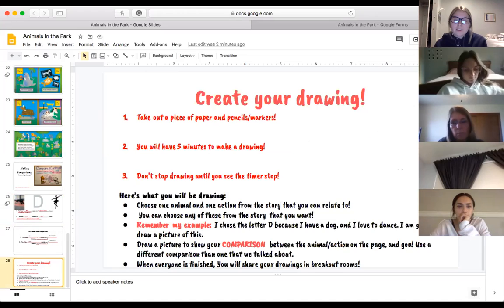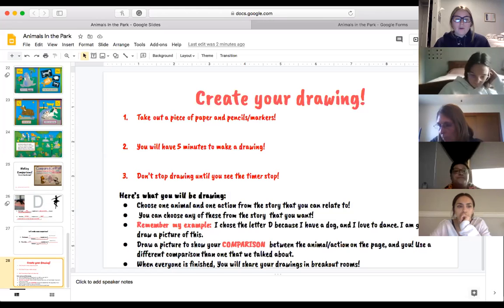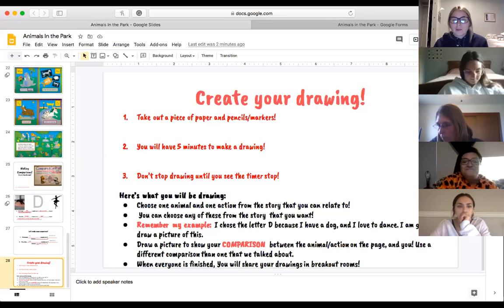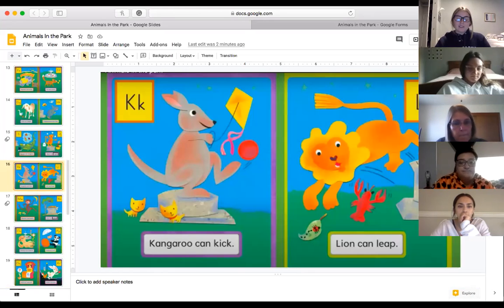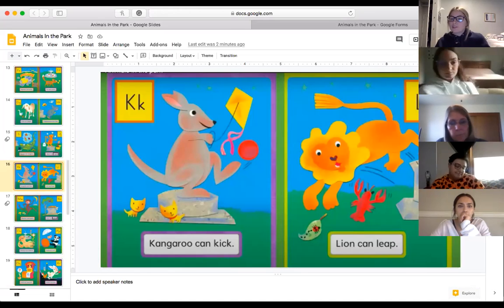So I chose the letter D because I have a dog and I love to dance. So I'm going to draw a picture of this while you guys are drawing your pictures. So you can draw any picture to show your comparison. So if you chose kangaroo because you have a show that has a kangaroo in it, you could draw that character from that show.